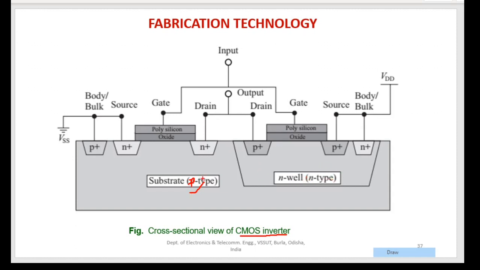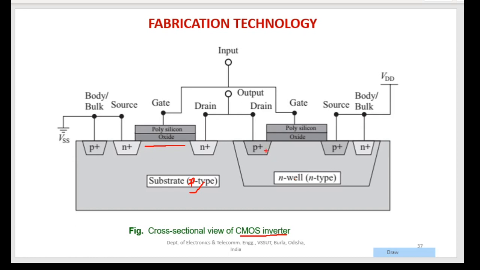Now this P type substrate will be used for fabricating the NMOS. So we have the source of NMOS, the drain of NMOS. N plus region means the doping concentration is high, and this is the channel that exists between source and drain. Similarly, the N-type well will be used for fabricating PMOS.